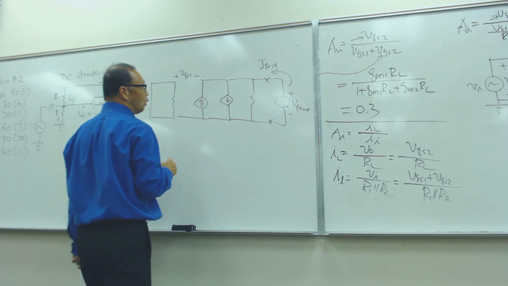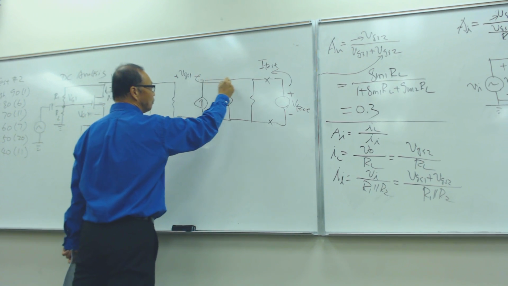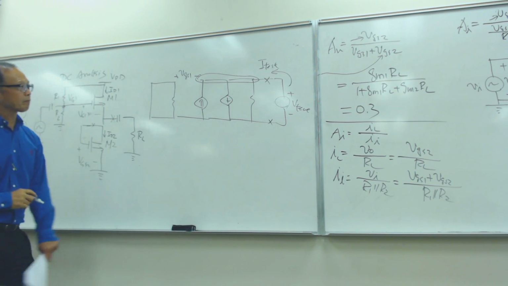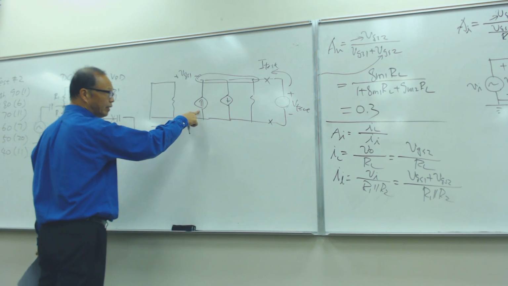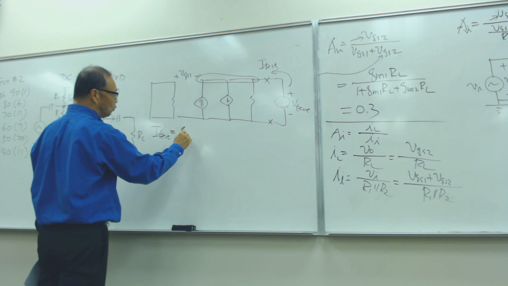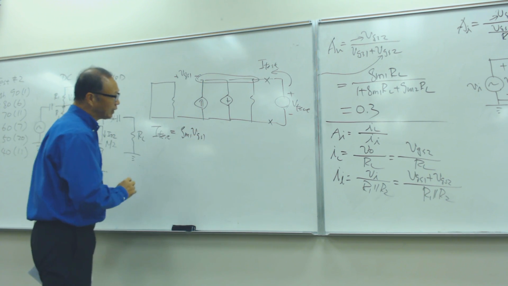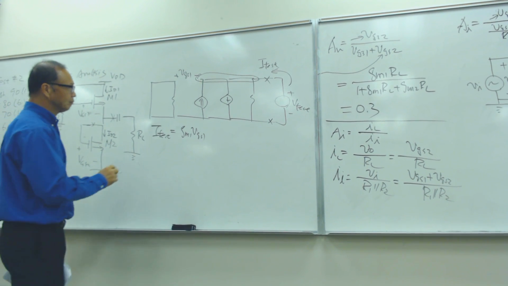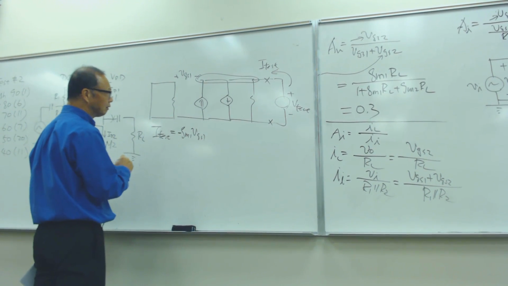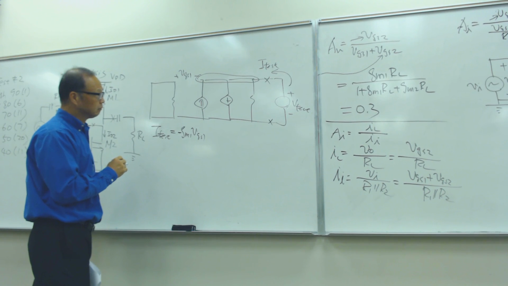Okay, so what is I test? This is a node, correct? So I test should be equal to this current. What's that? GM1 VGS1, yes? Plus or minus? Minus, right? Yeah, minus.